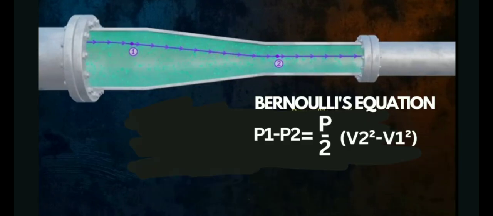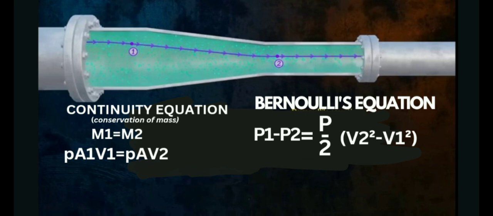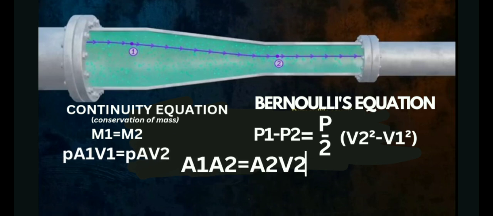For the change of pressure, if we assume that the fluid is incompressible, the mass flow rate at point 1 and point 2 must be equal. This gives us what we call the continuity equation, which is just the statement of the conservation of mass. Mass flow rate is equal to the product of the fluid density, the pipe cross-sectional area, and the fluid velocity.